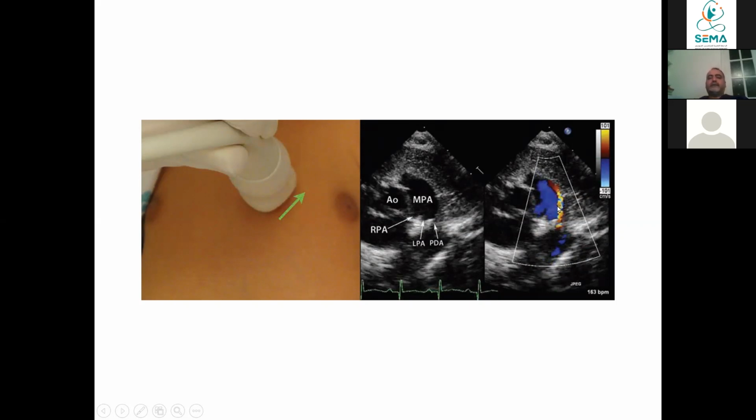This is a patent ductus arteriosus, shown with and without color, and you can estimate the size by measuring how big it is. This is important for pediatricians, to know PDA and how to diagnose PDA from the ductal view.